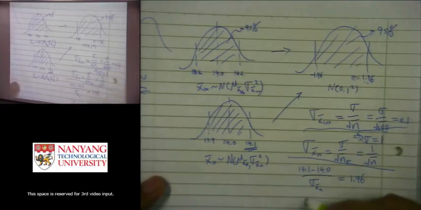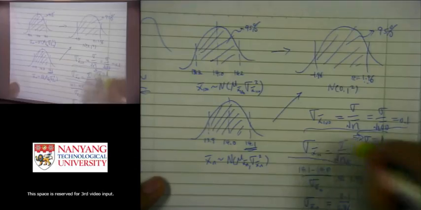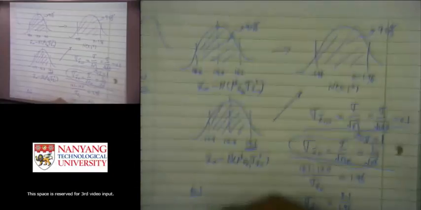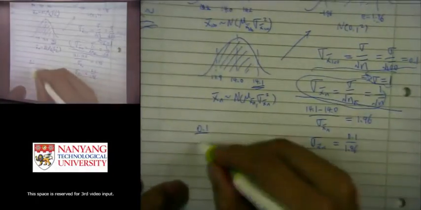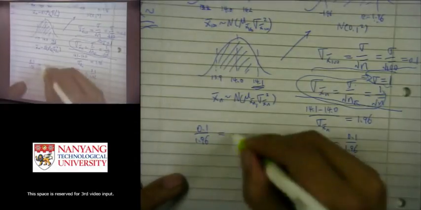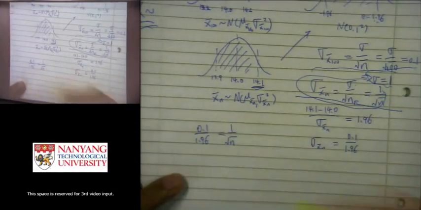So we get sigma X bar n equals 0.1 divided by 1.96. And this part, we get 0.1 over 1.96 equals 1 over square root of n. Did you get it?